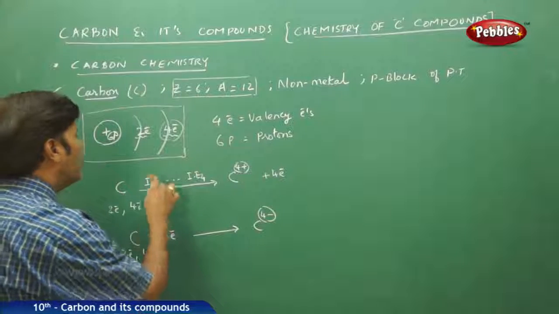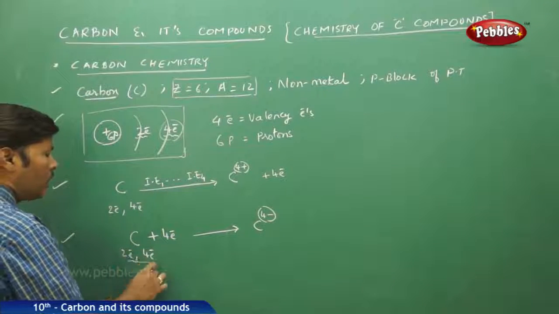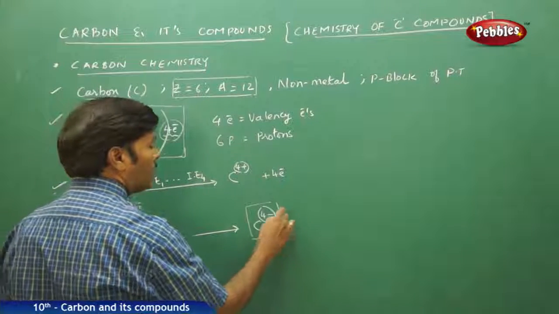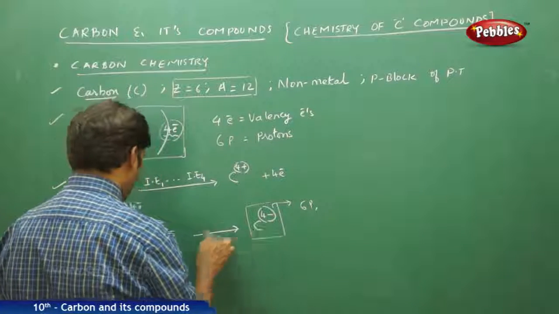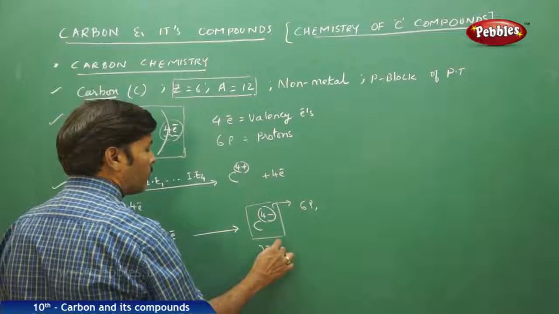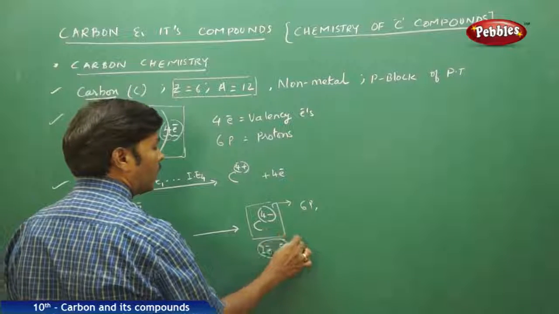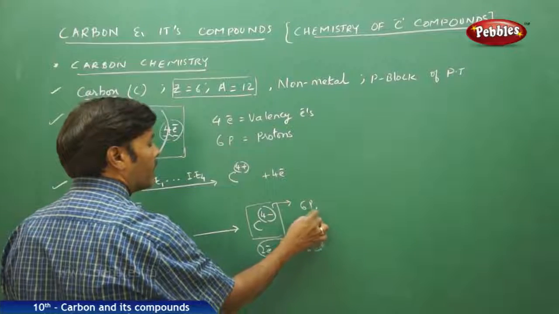In C4 minus, the composition has 6 protons, and the total number of electrons is 2 plus 4 plus 4, so it has 10 electrons.